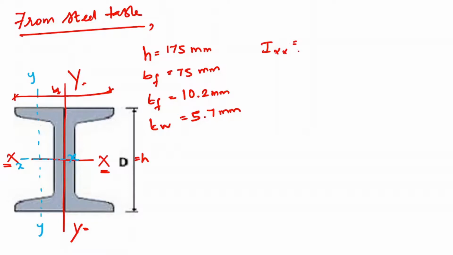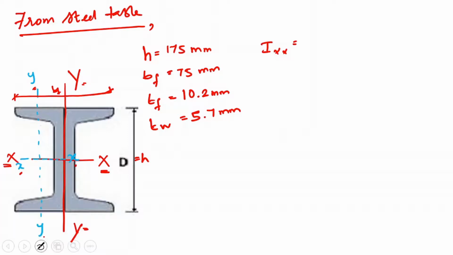See, in the previous design numerical, I neglected to write moment of inertia about major axis xx. But in this numerical, I am writing it because this moment of inertia is only for a single channel section. Whatever moment of inertia I am writing is a small xx and a small yy.